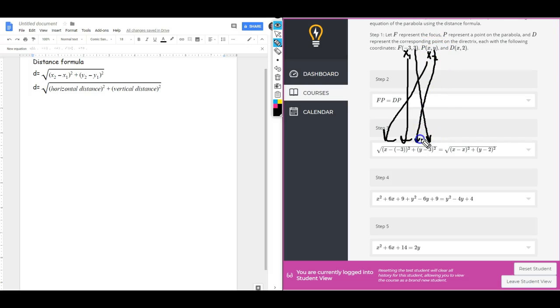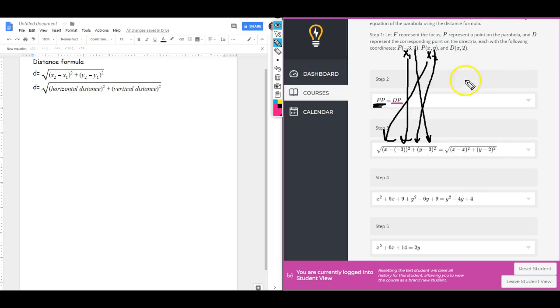So that's how they ended up with this half, by just representing what the distance from the focal point to the parabola is. Now, how did they end up with the other distance? They found the distance using the distance formula from D to P.